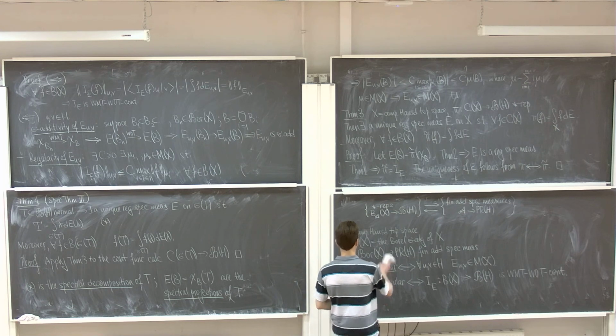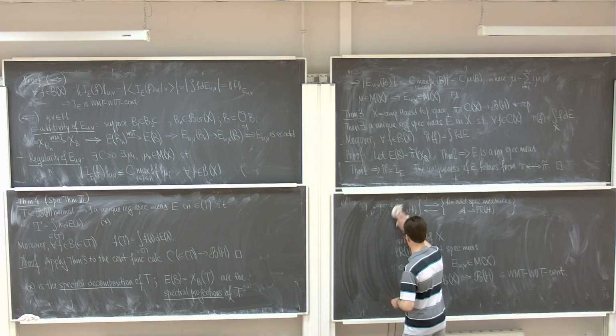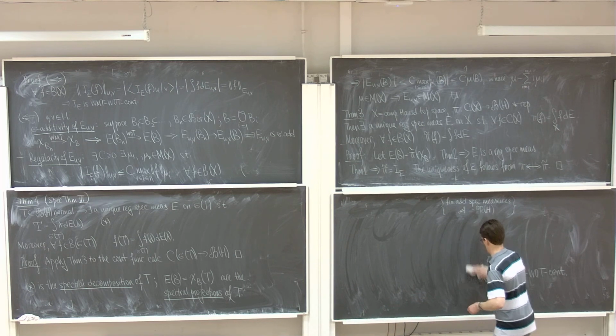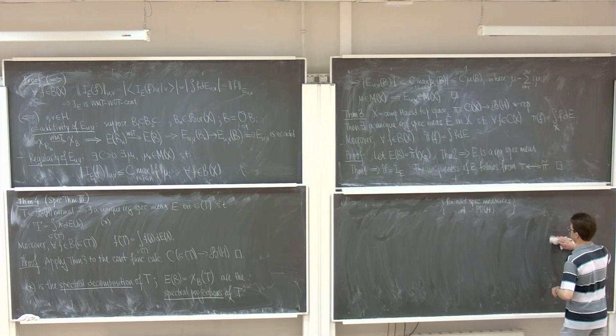So in summary, to complete our discussion of the spectral theorem, let's draw a picture which illustrates the relation between different forms of the spectral theorem.